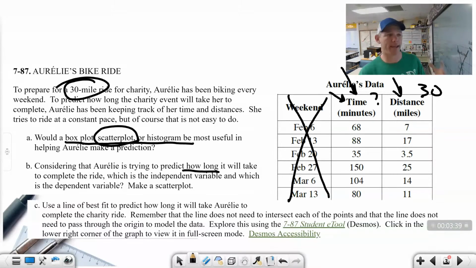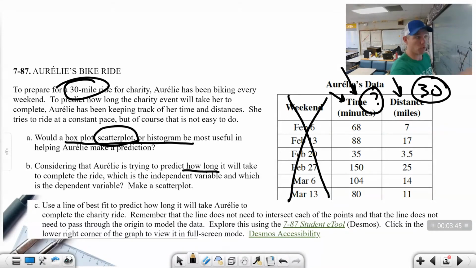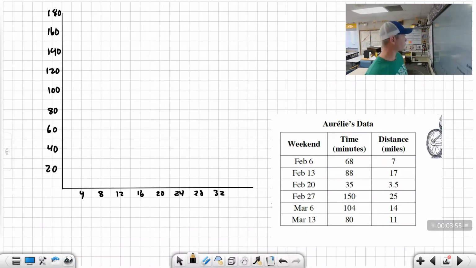Now, this is the cause and effect. See, the cause is 30 miles. The effect is we're going to find out how much time it is. Okay? The distance is the independent, and the time is the dependent.